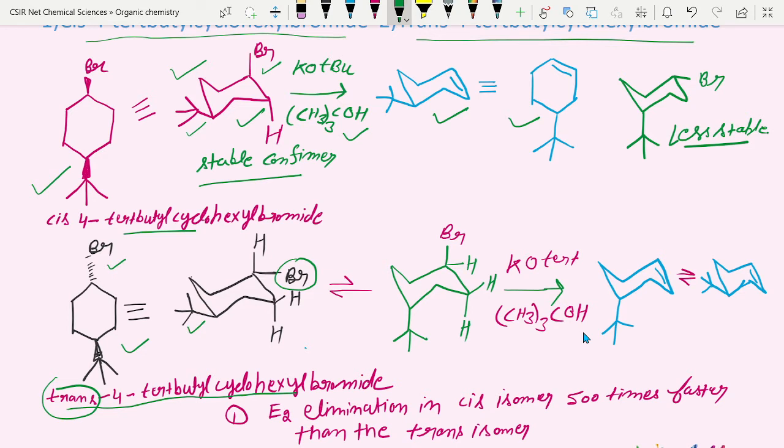When the 1 and 4 positions are both equatorial, it is the trans isomer. When the 1 and 4 positions are axial and equatorial, it is the cis isomer. So this is the stable conformer.